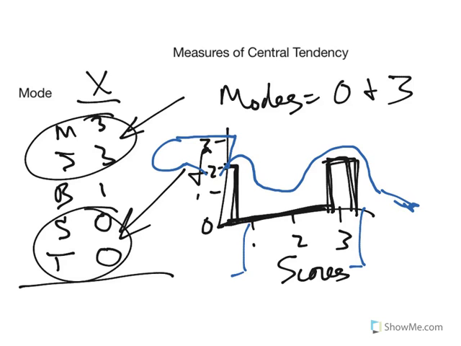It's bimodal, so you would call this a bi, meaning 2, modal distribution. Now, can you have trimodal? Sure. We tend not to see them.